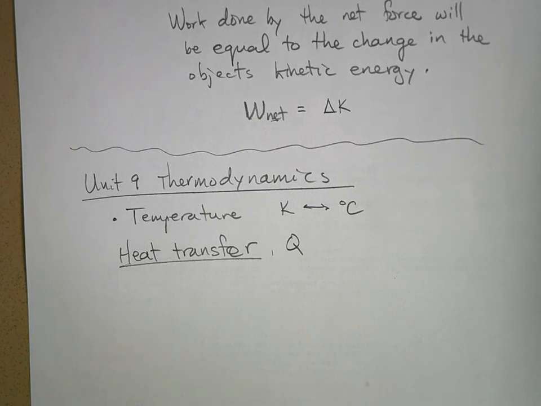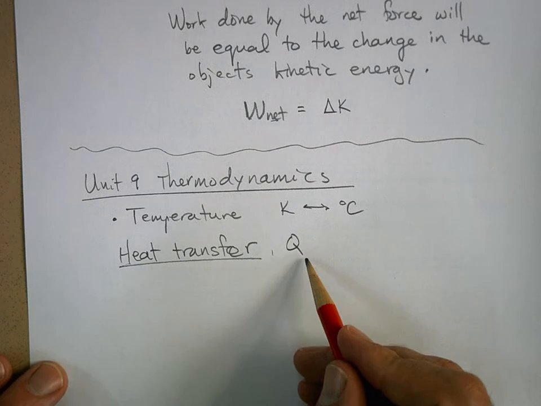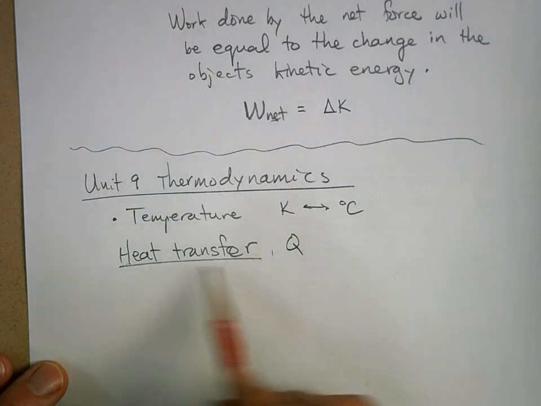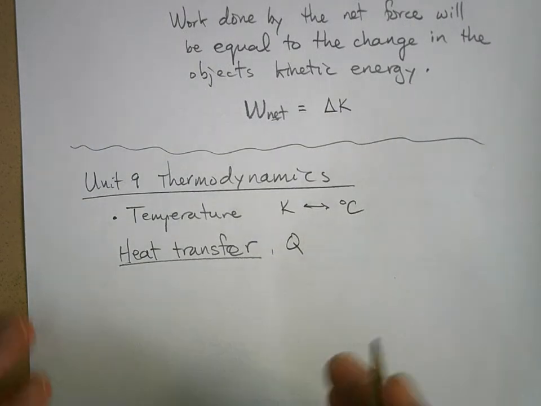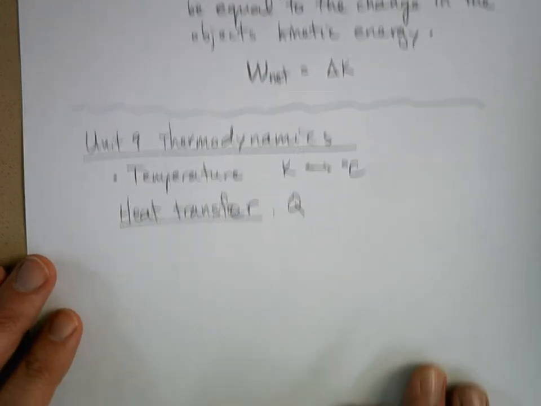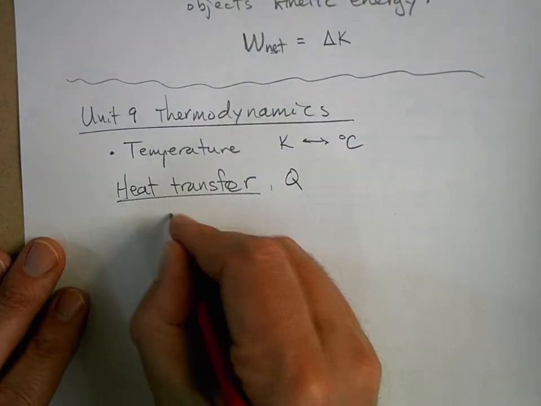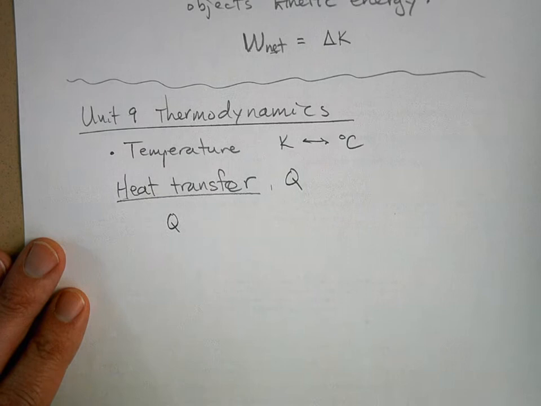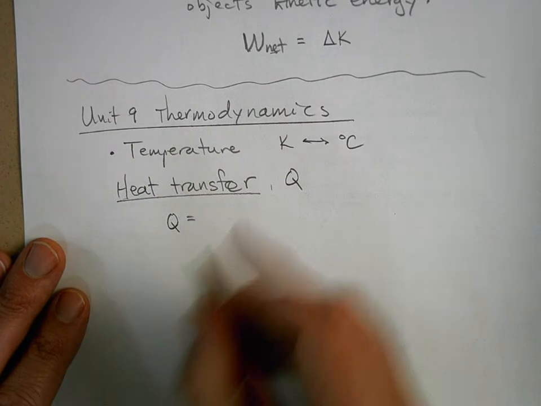Or if you increase the vibrations so much, you can tear apart a solid and turn it into a liquid. Or the molecules fly apart altogether and you vaporize it. It goes from a liquid to a gas. So that's all by transferring heat. Heat is the transfer of thermal energy measured in joules. We're going to use joules in here, not calories. And remember that if I add heat to a substance, I might change its temperature.